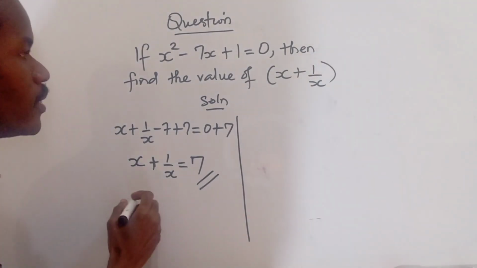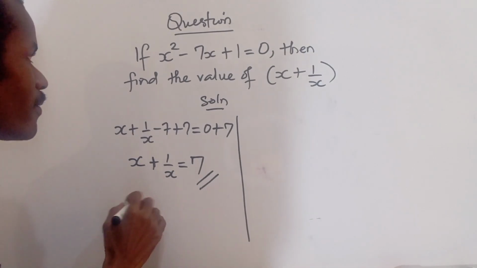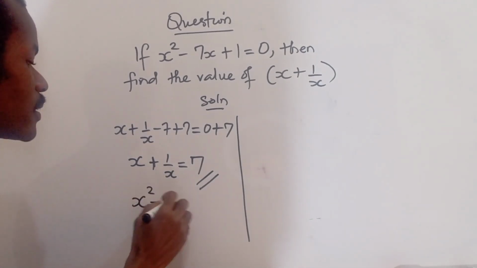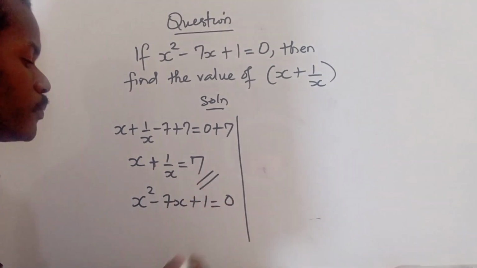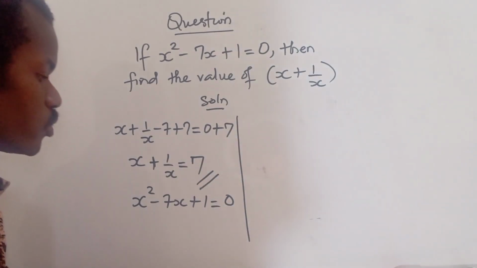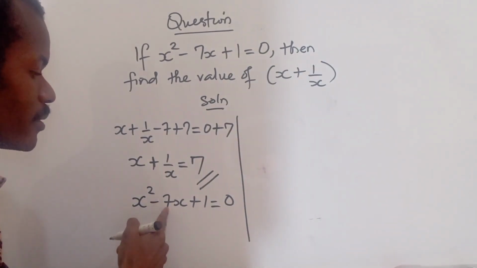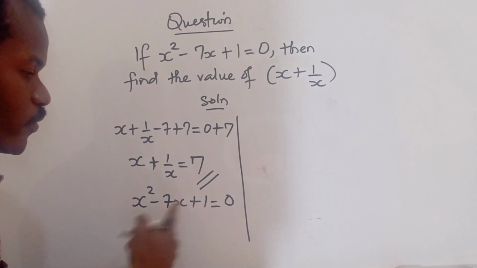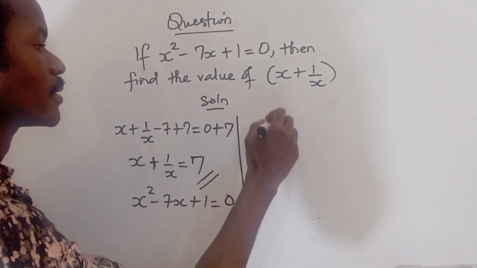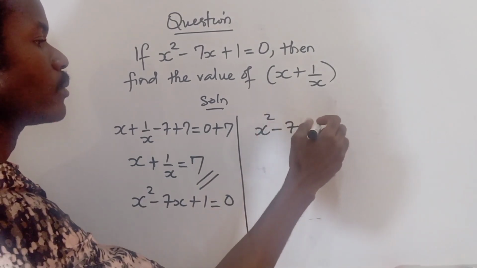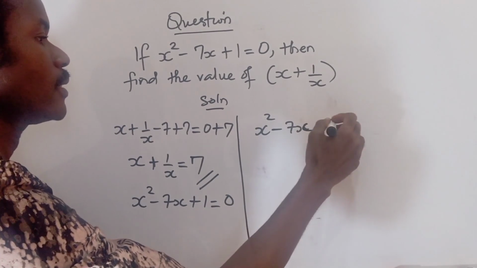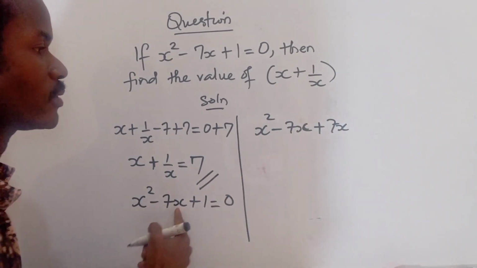Now, the second way is simply, okay, we have our x squared minus 7x plus 1 is equal to 0. So all we want to do is remove minus 7x from both sides. So I'm going to have x squared minus 7x, it means I'm going to be adding 7x here to be able to remove minus 7x.